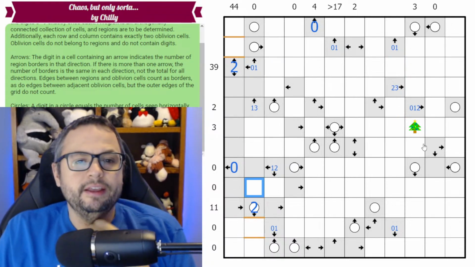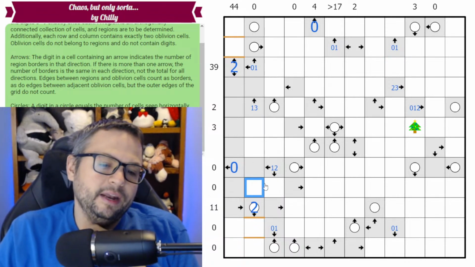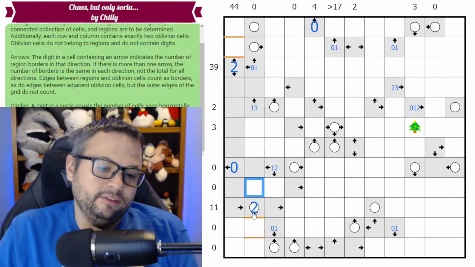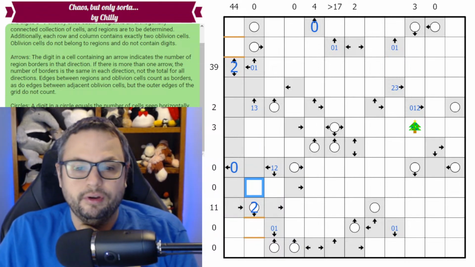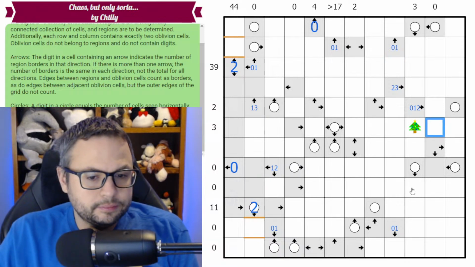Okay, so Selena's point is, this column's 0, this can't be an Oblivion cell, because if it was, I couldn't go down because this is a 2, and I couldn't go up because this cell can't be a 0, so this is also not an Oblivion cell.